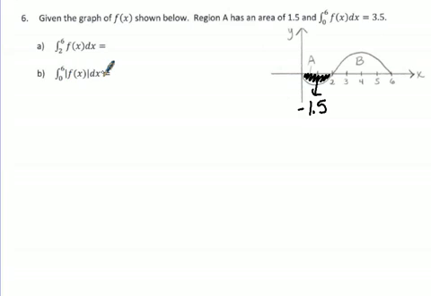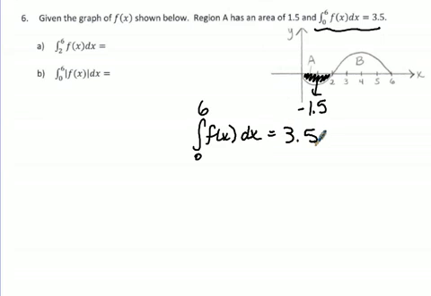Well, in order to be able to do that, I need to figure out the area of region B. And in fact, that's what they're asking me to do in question A. So let's consider this integral that we're given. If the integral from 0 to 6 of f of x is equal to 3.5, that means that the area of A plus the area of B must be equal to 3.5.